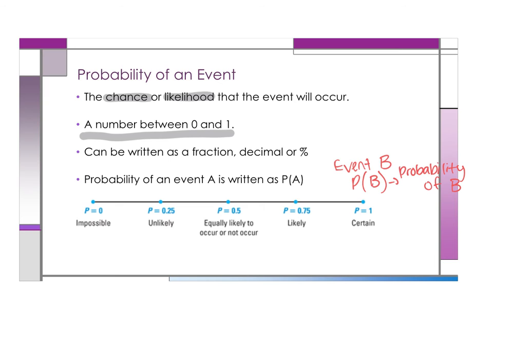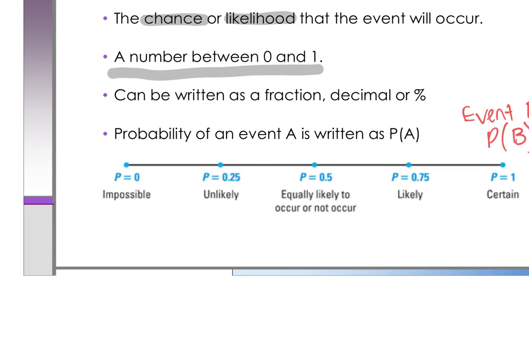Okay, so if our probability is 0, that means it is impossible. What's the percentage of it happening? 0%, okay? If our probability is 0.25, it's highly unlikely. What percentage is equivalent to 0.25? 25%, okay?